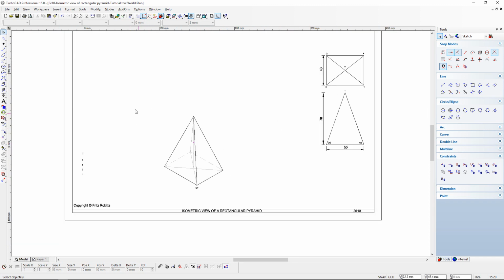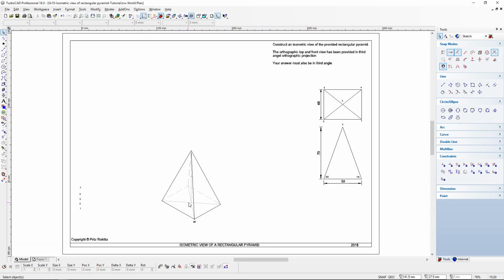However, we still need to draw in the labels, because all drawings need to be labeled. So therefore I've already made some labels here on the side, and then just put in the tip there. Number 1 is going to be there with the starting point.